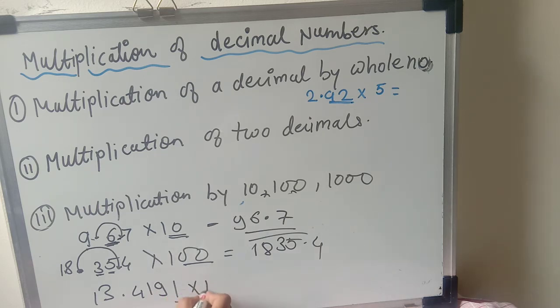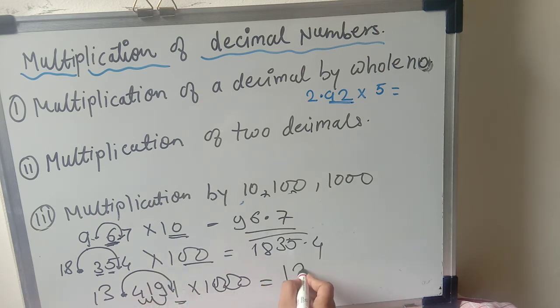If I multiply with the 1000, okay, now how many zeros are there? 3 zeros are there. It means this decimal will move 3 places from the right side. Okay, so here 1, 2 and 3. Okay, so here the decimal will shift to this side and our answer will be 13,419.1. ओके, ऐसा हो जाएगा.